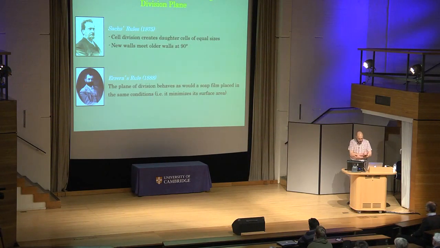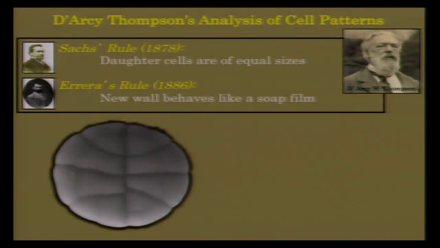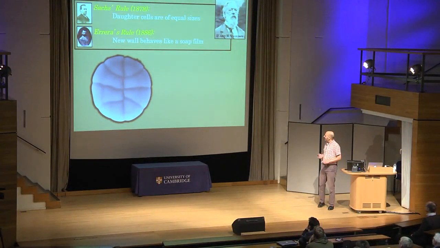So we decided to see if there is some predictive power in these rules, and we followed some work that was initiated by D'Arcy Thompson. You probably know of his book On Growth and Form, 1,000 pages of applications of mathematics to biology. He probably has at least a tenth of that focused on cell division.